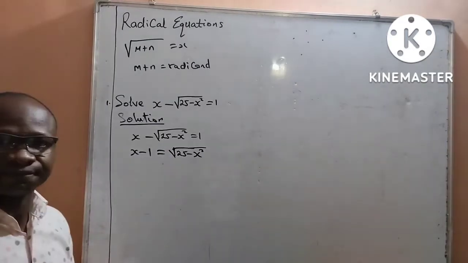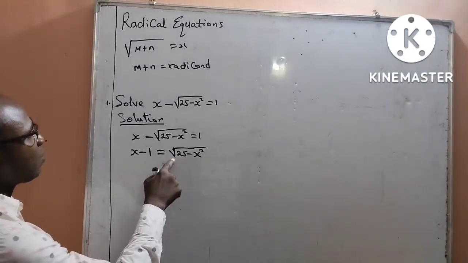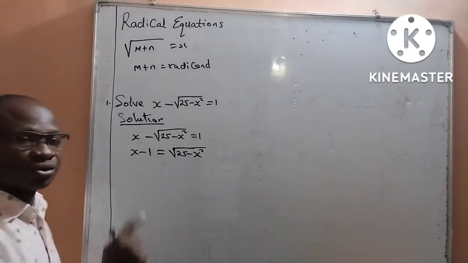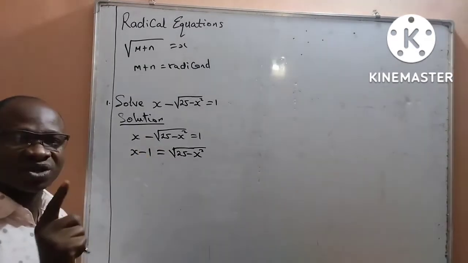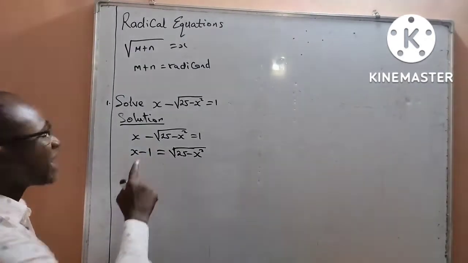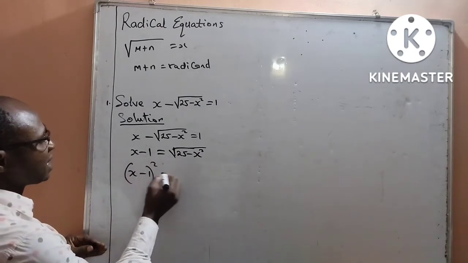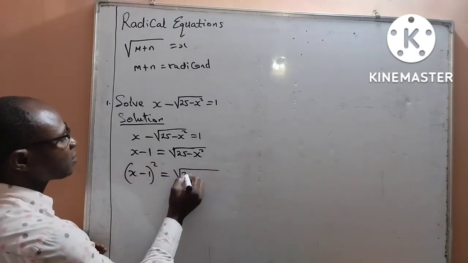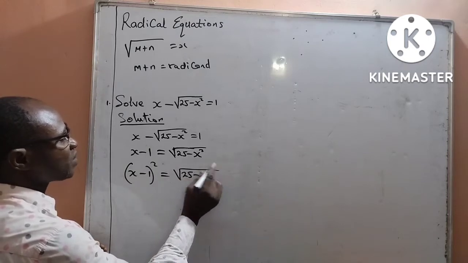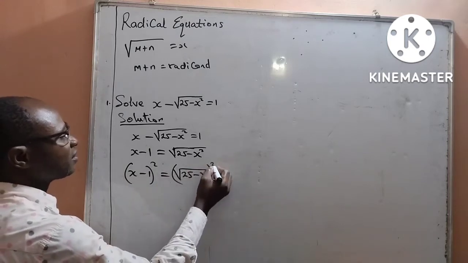First step taken. Next, I want to remove the square root sign, and the only way to do that is to square both sides. That means I will now have x minus 1 squared equal to square root of 25 minus x squared, everything raised to the power 2.